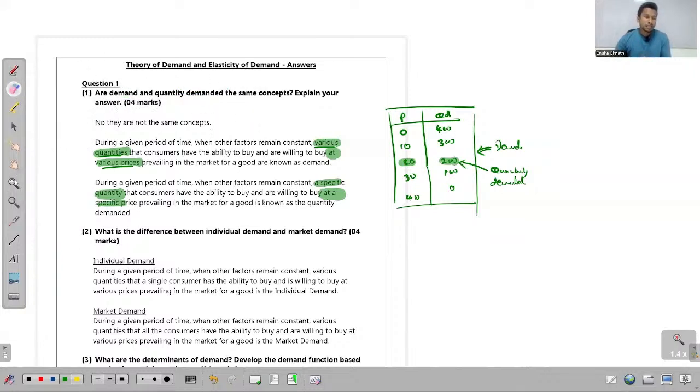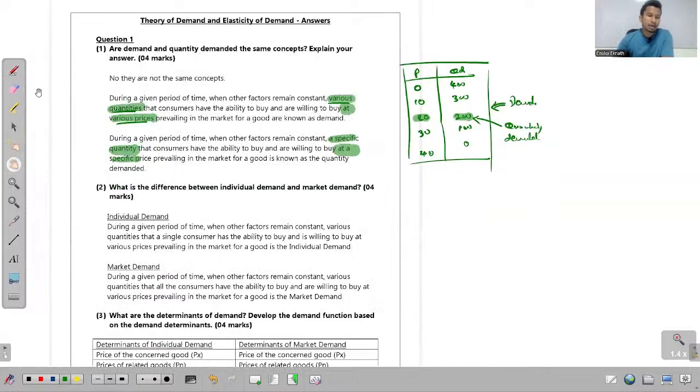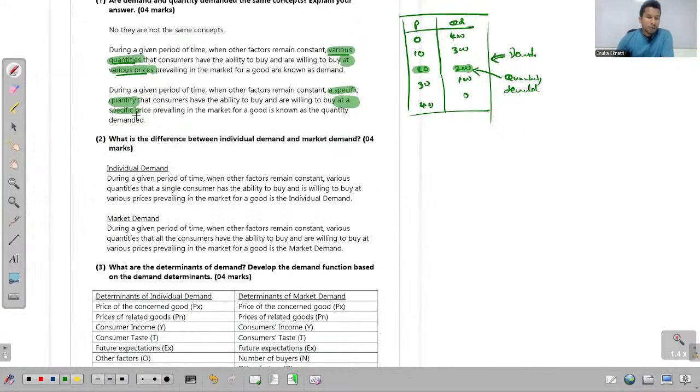And let's go to the second question coming under main question 1. What's the difference between individual demand and market demand? This is not a difficult question, right? As the name suggests, individual demand is the demand arising from a single consumer in the market, whereas the market demand presents the demand arising from all the consumers in the market.